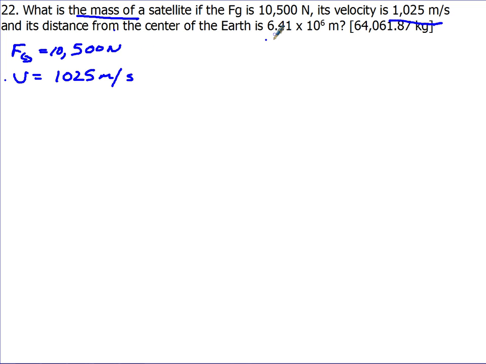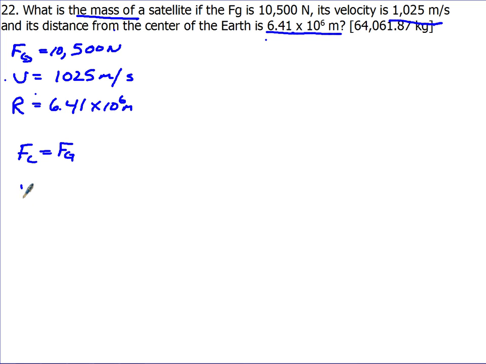And the distance from the center of the Earth, this is always my radius, is 6.41 times 10 to the 6 meters. Now, in this case, I know FC must equal FG, and I actually have that number here.